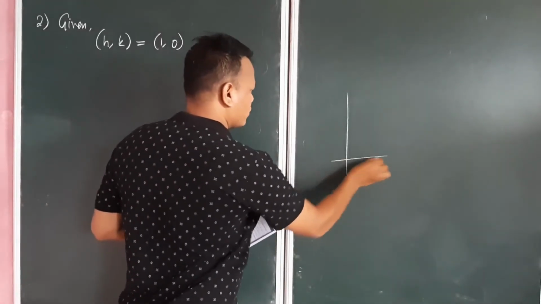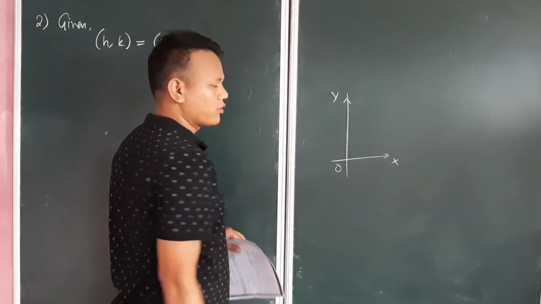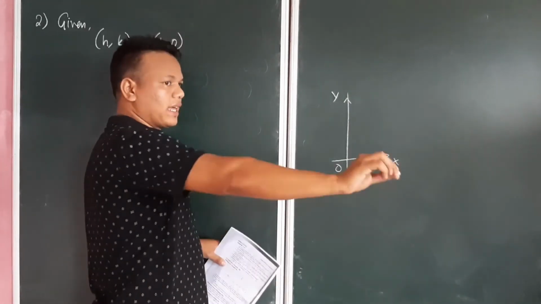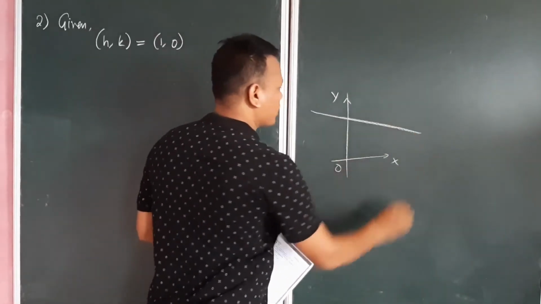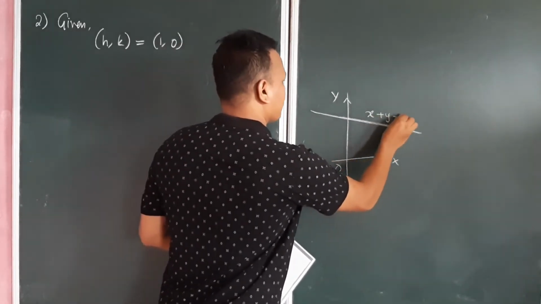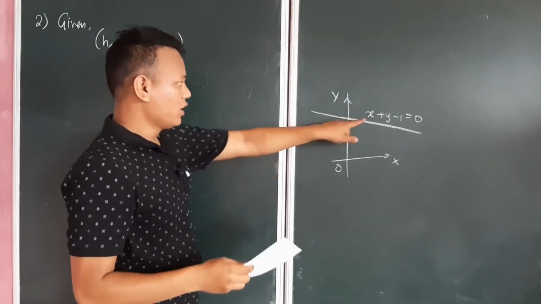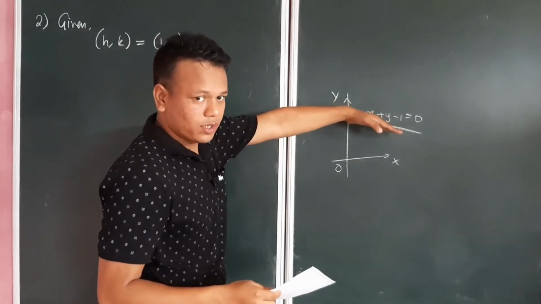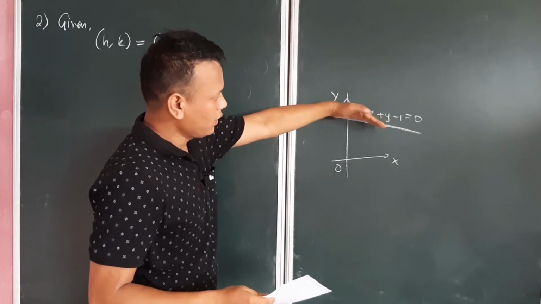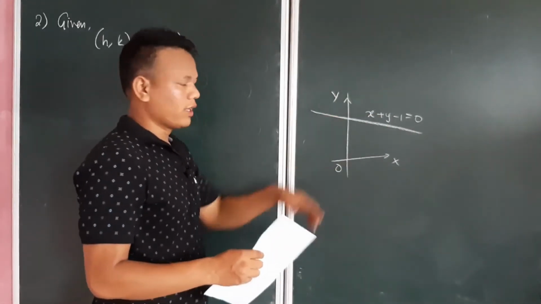Now, let me explain here. If this is my original x-y system, and there is a line, I don't know how the line looks, so let me write this to be the equation given to you. This is the equation of a straight line for this coordinate system, x-y.